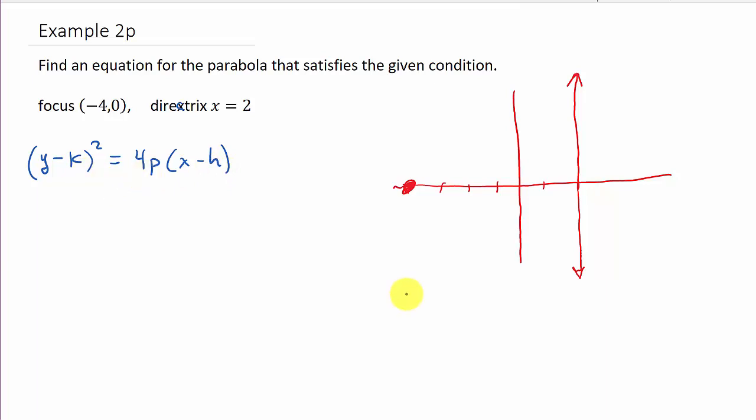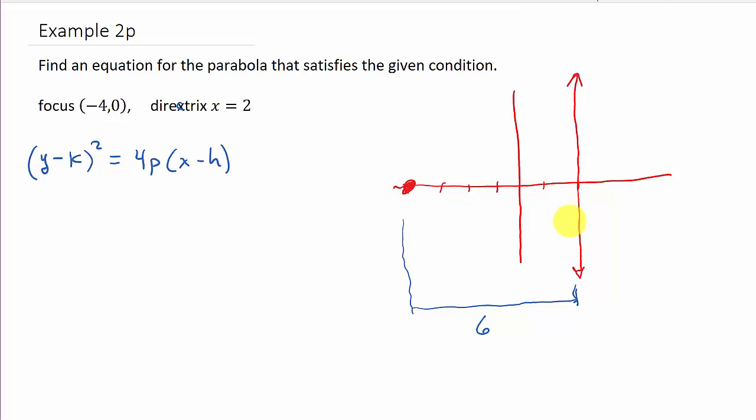Well, look what we know here. This distance is 4 units and 2 units, right? So that means this is 6 units there. We know that the vertex is halfway between the focus and the directrix.